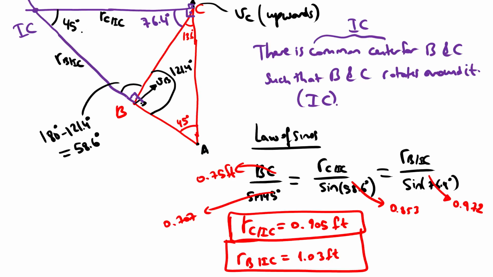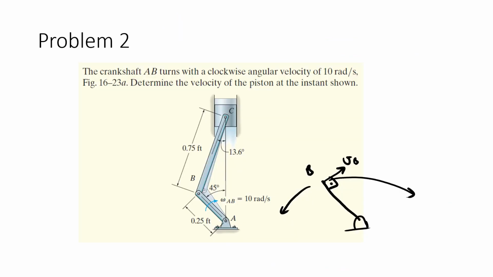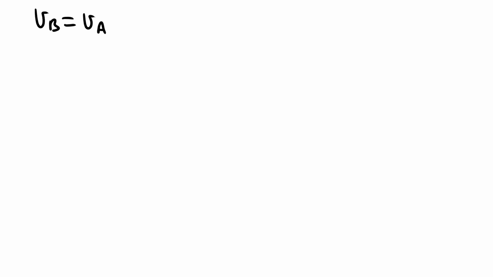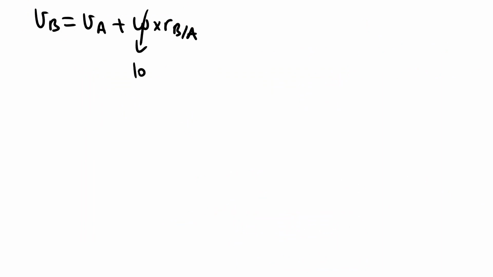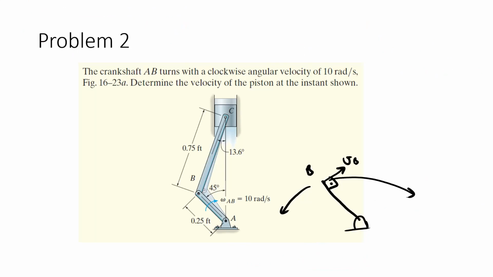The velocity of B is the velocity of A plus omega into RB with respect to A. This omega is given in the question as 10 radians per second, and RBA is given as 0.25.